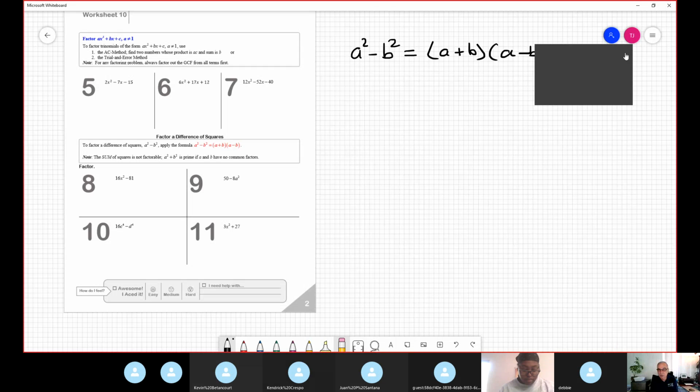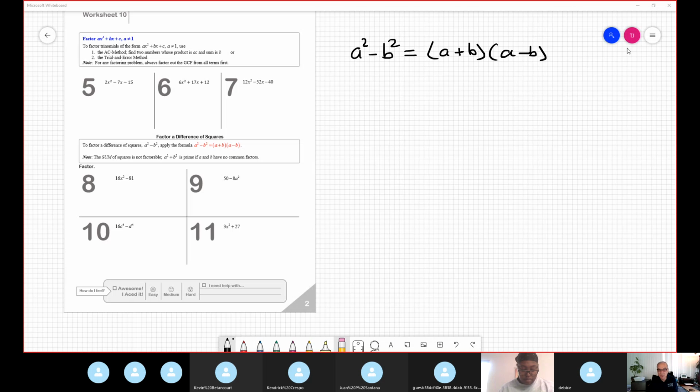Okay, this is the famous difference of squares. The difference of cubes: the formula is a minus b, parenthesis, a squared plus ab plus b squared.